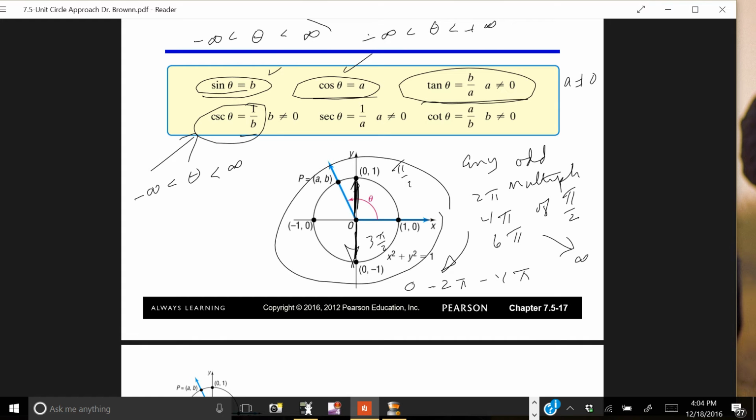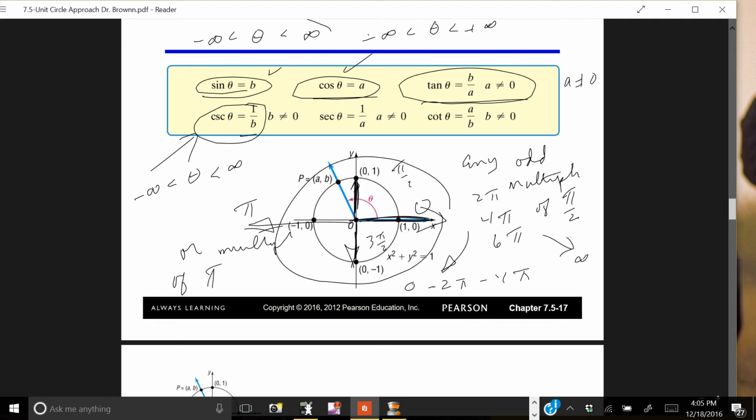If b equals 0, then that would be 0 for the angle. Pi for the angle gives b equals 0, or multiples of pi.